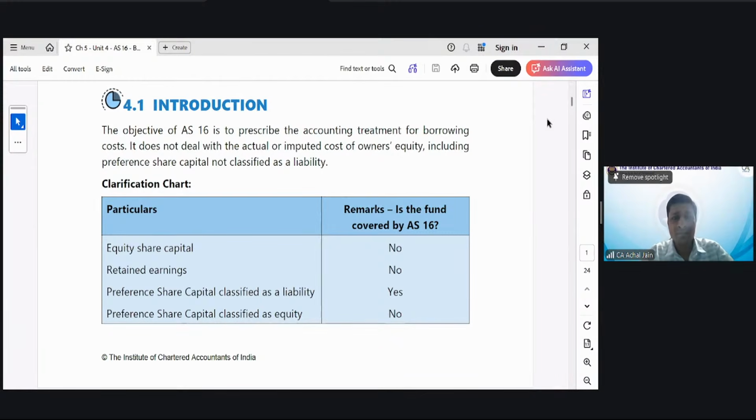Answer is again no. That's why, if you look at this table, we can say equity share capital, preference share capital which is convertible and therefore classified as equity, will you be considering that as borrowing as per the requirements of this standard? Answer is no.